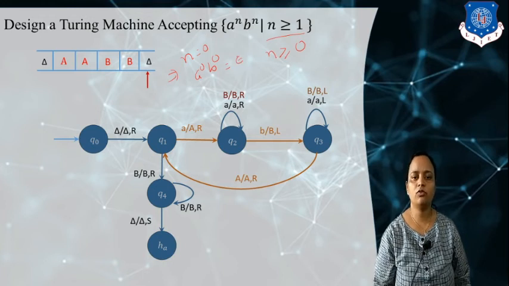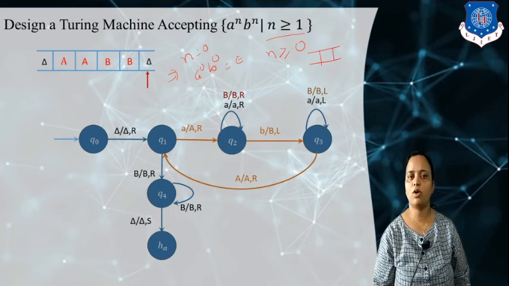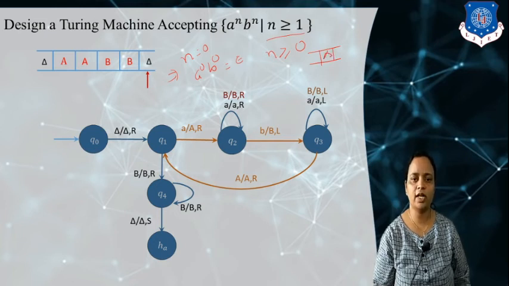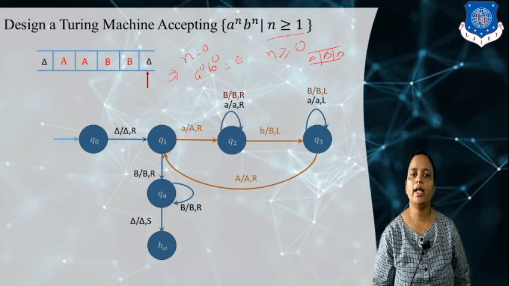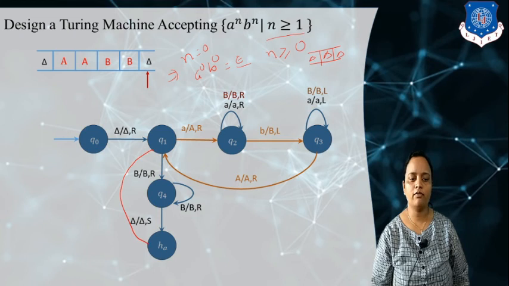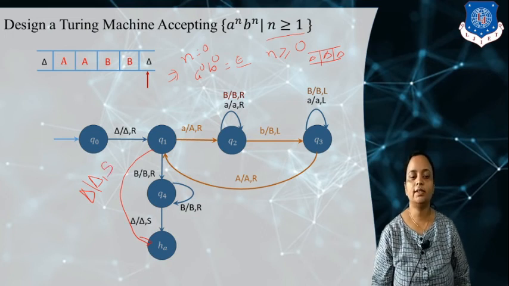If you remember, in a Turing machine there is no null symbol we can use, we have to use delta in place of null. It denotes the empty string, so we need to accept the empty string. So whenever at the Q1 state we get delta replaced by delta, we stop at this and we accept it.